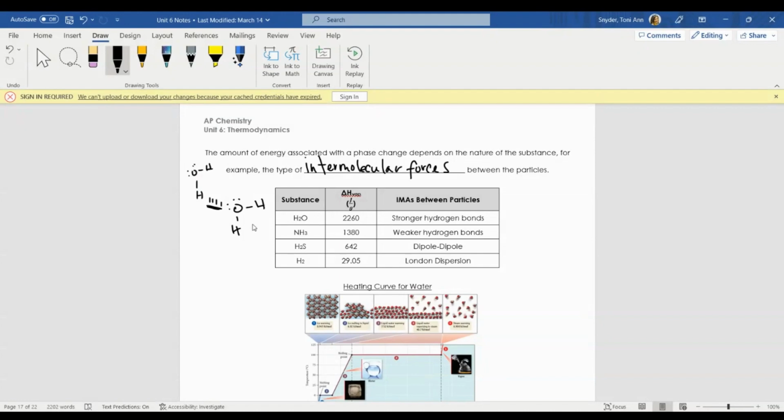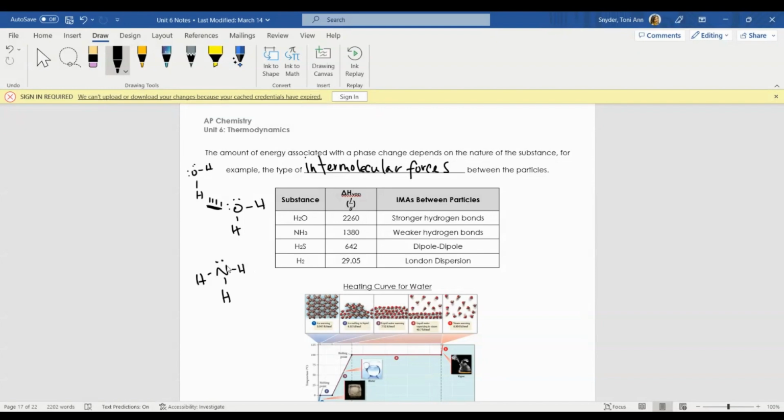I have to break them in order for these particles to become a gas because they have to separate. They have to become very far apart. So every hydrogen bond has to be broken. Ammonia, notice it has a much smaller enthalpy of vaporization. So why is that? Yes, ammonia can still hydrogen bond. There's its structure.